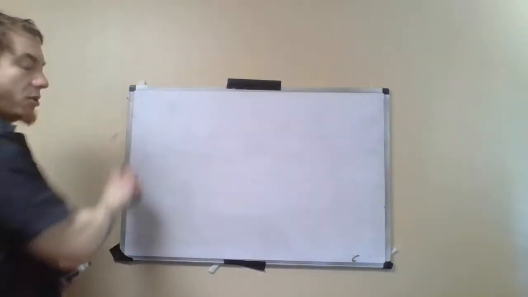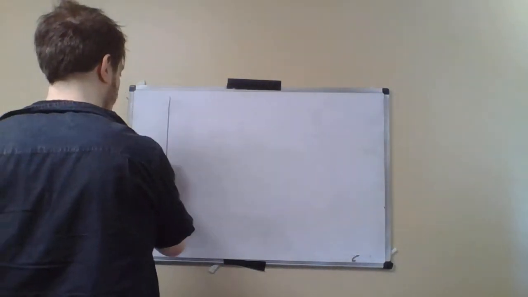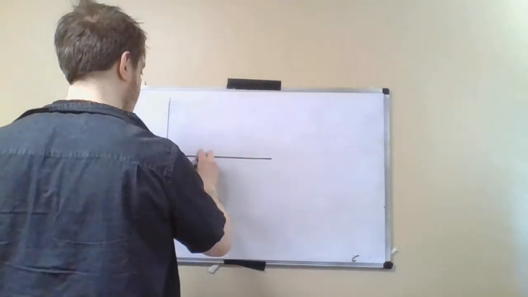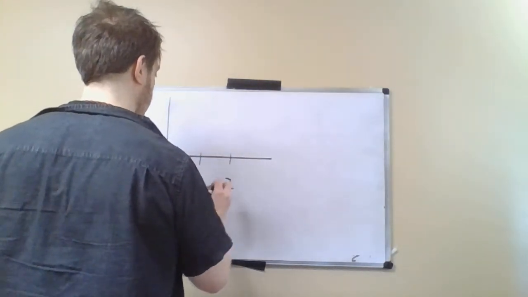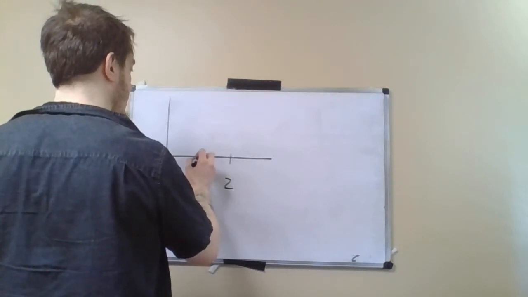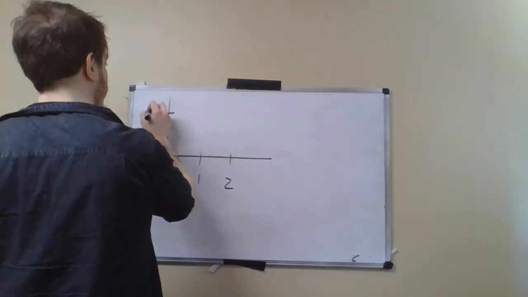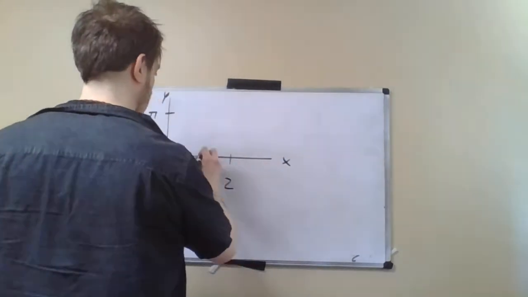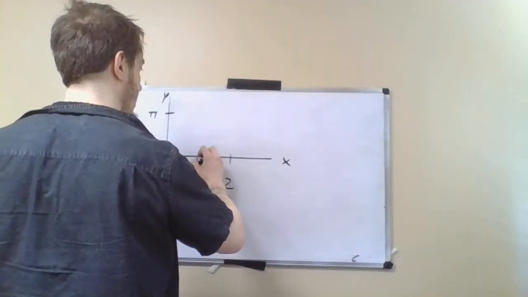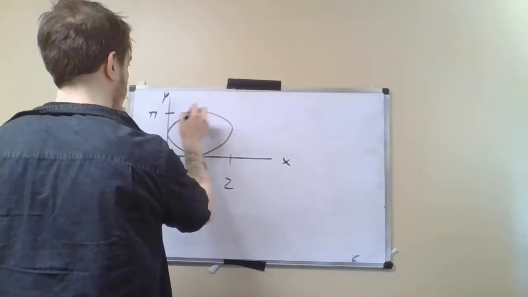For instance, supposing that I had something like this region. So let's say that here's 1, 2, and I gave you something like this curve. Let's say this starts here and it goes like so.